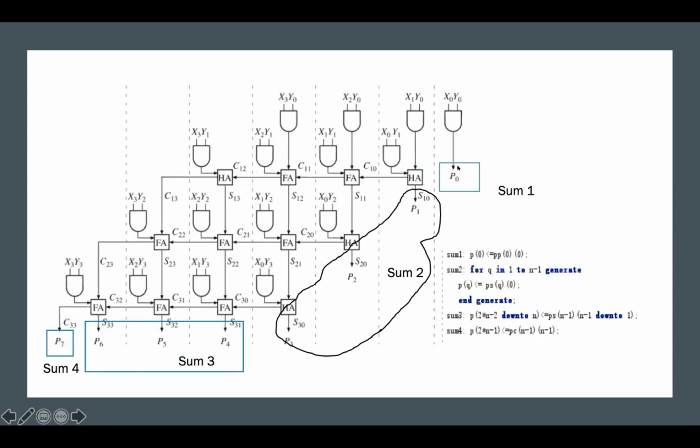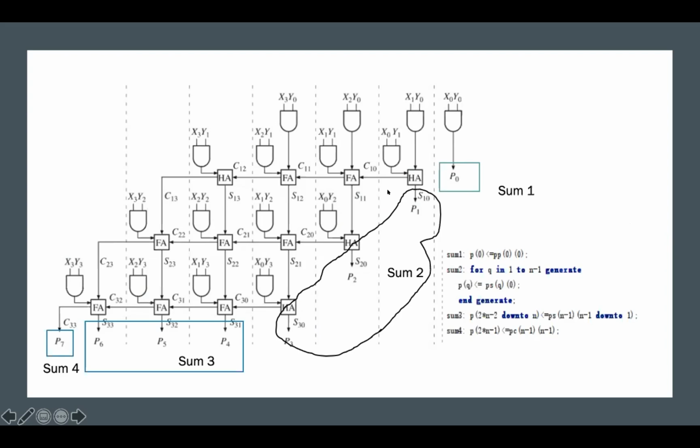For the sum, I divided it into 4 groups also. One is the first digit of the result. This is a direct result from X0 and Y0. The second group is the half adder.